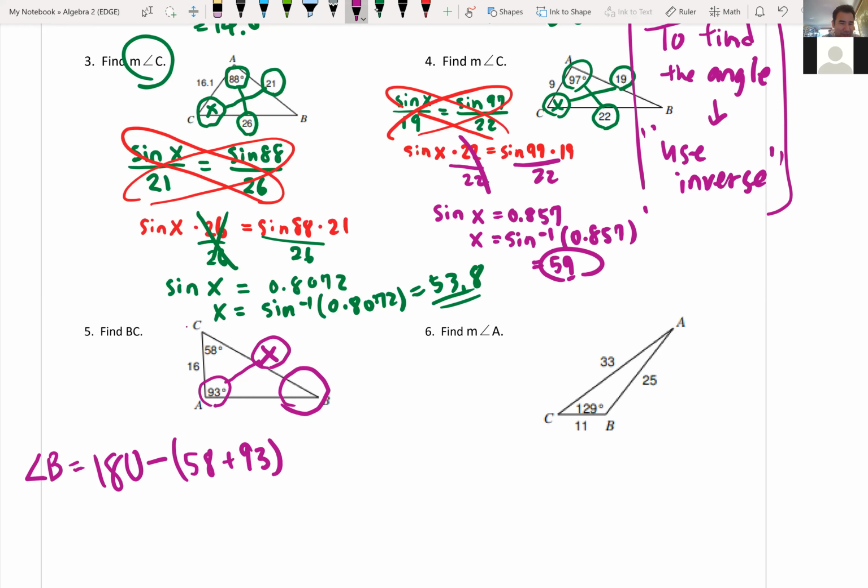Would you agree with that? So first you find the angle B, which is 29 degrees. Now you've got the opposite pair, which is 16. So now you've got 2 pairs. You should not be using 58 degrees.